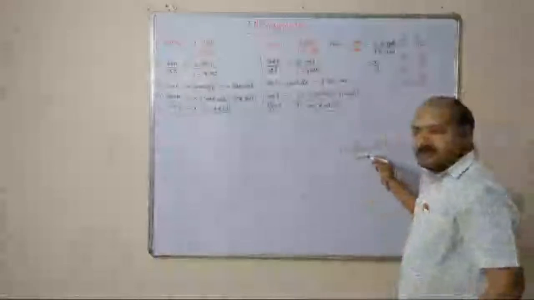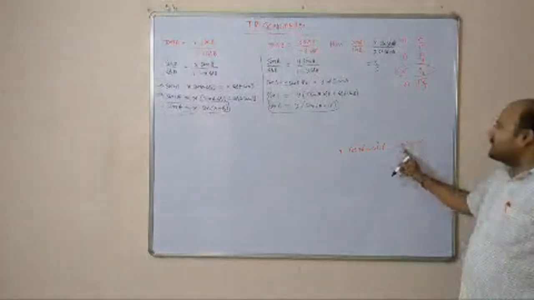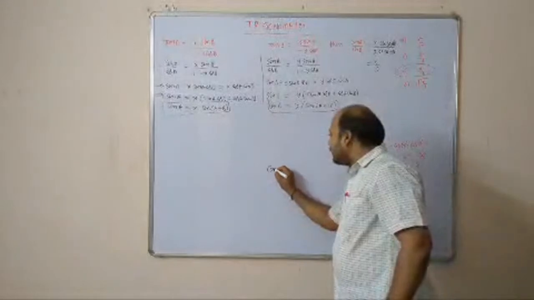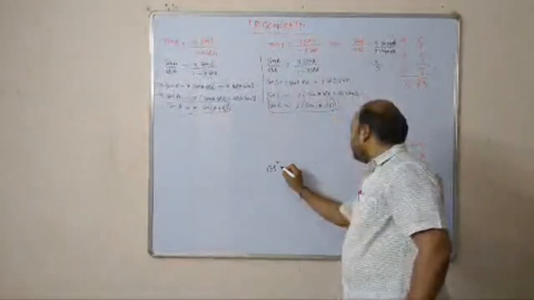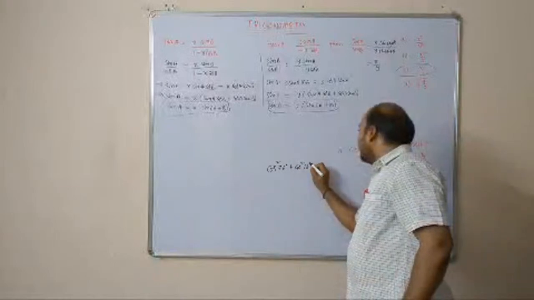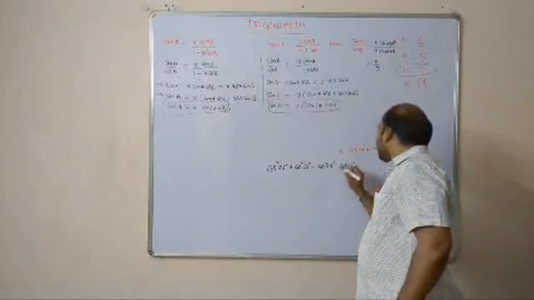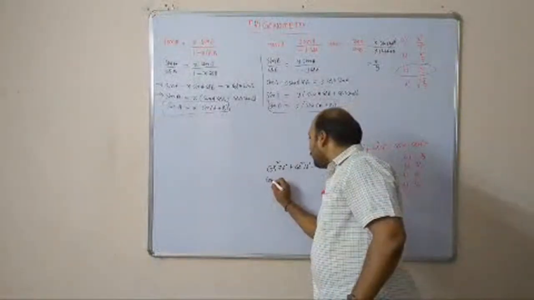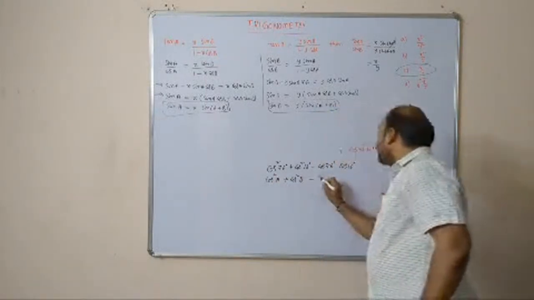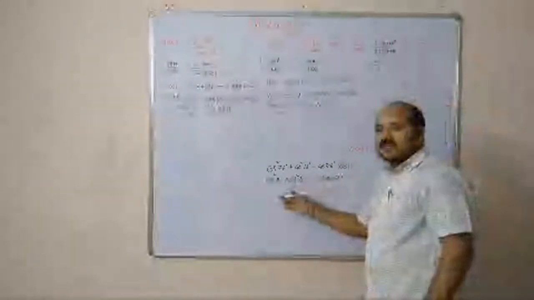So think about this question. It is cos square 76 degrees plus cos square 16 degrees minus cos 76 cos 16. Here one standard result is there, dear students. It is in the form of cos square A plus cos square B minus cos A into cos B. This result is the standard result.